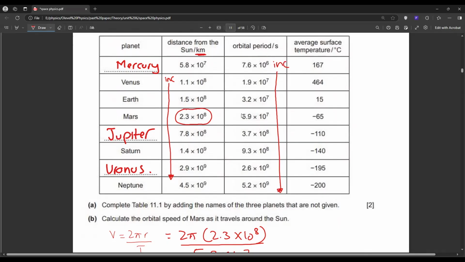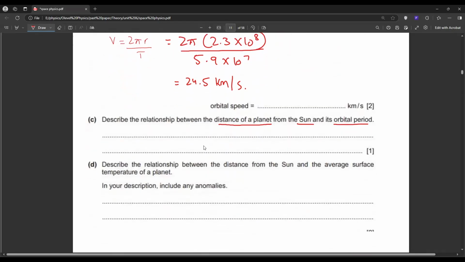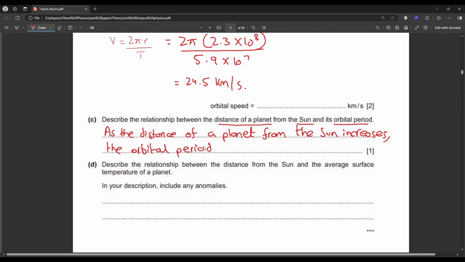Simple as that. As the distance of a planet from the sun increases, the orbital period increases as well. Perfect. Nothing complicated.